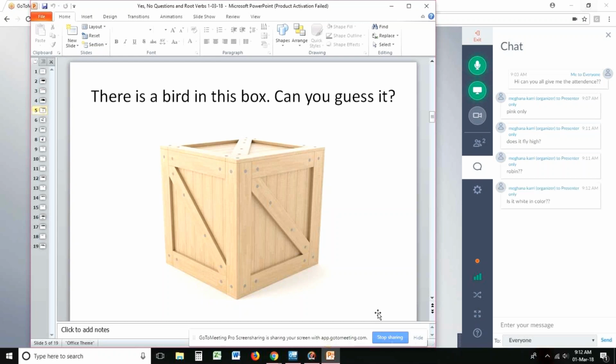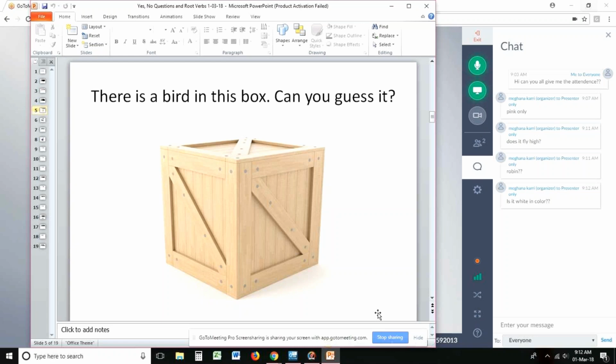You can ask me questions on its color. No, it is not white in color. No. You can ask me more questions about color. You can ask me about the food it eats. You can ask me whether it is a migrating bird or not. You have various types of beaks in birds, so you can ask me about the beak that the bird has.